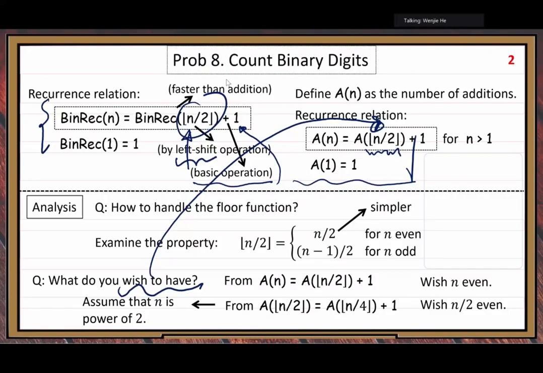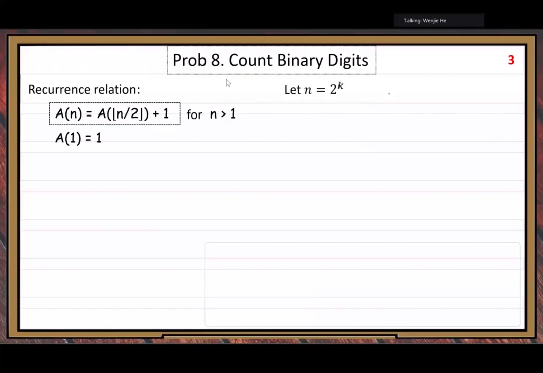Then all the rounding cases are gone. That's our first assumption. After this analysis, we make our assumption: we let n equal 2 to the k, a power of 2.